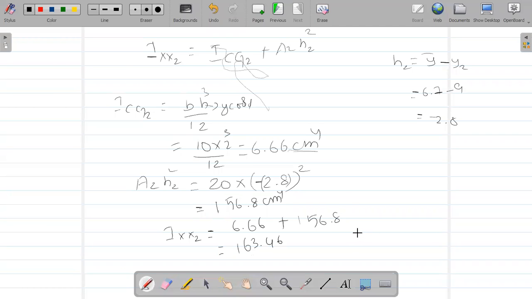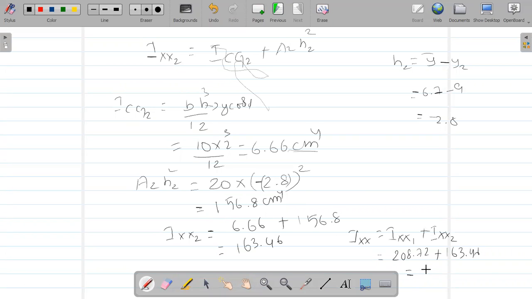We know that Ixx total is equal to Ixx1 plus Ixx2. What is Ixx1 value? We got 208.72, plus what is Ixx2 value? We got it as 163.46.